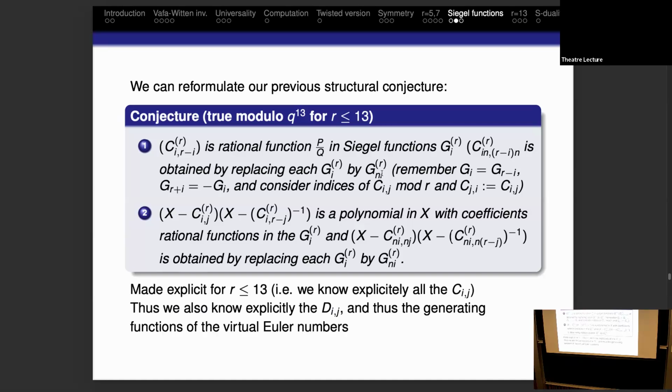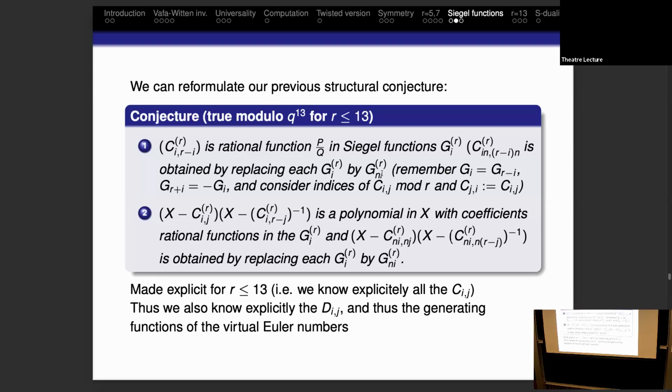And I can make this explicit until r equals 13. That means we know all the C_ij until then. And thus we also know explicitly the E_ij, because I told you that these have nice modular behavior, even though they're not quite modular forms, but one can precisely say how they act under the modular group. So we know what happens if we apply minus 1 over tau to it.